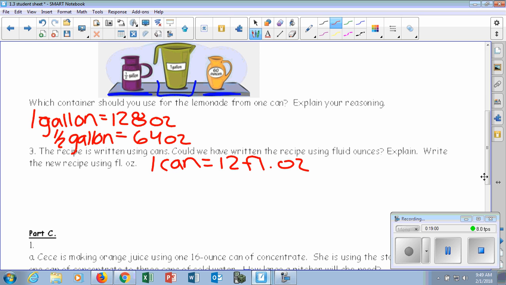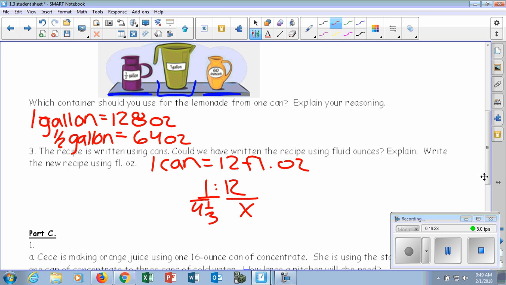All right. So what should we do from here? Can we see that 1 to 12? Let's look at this.